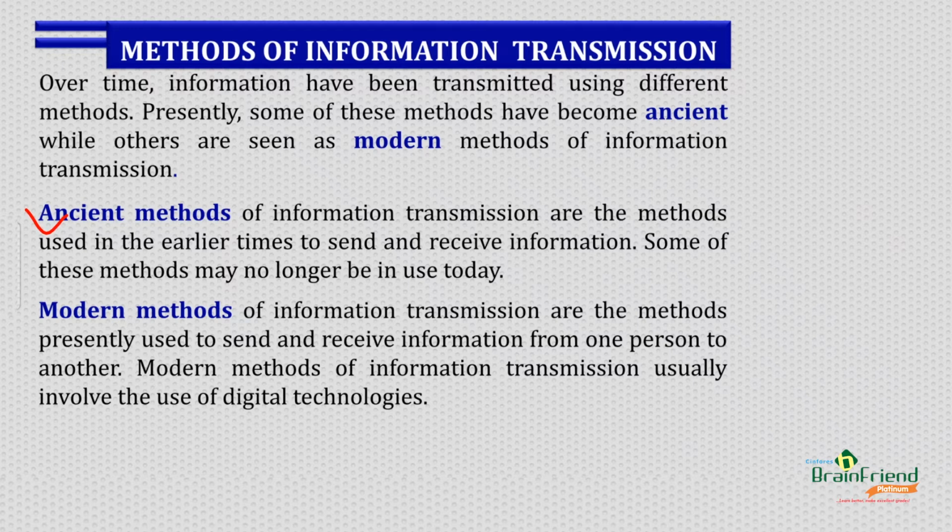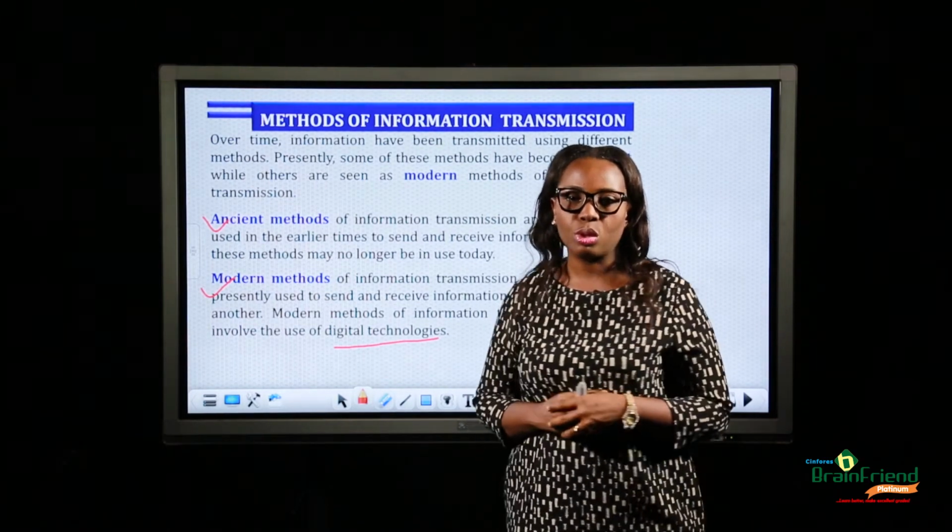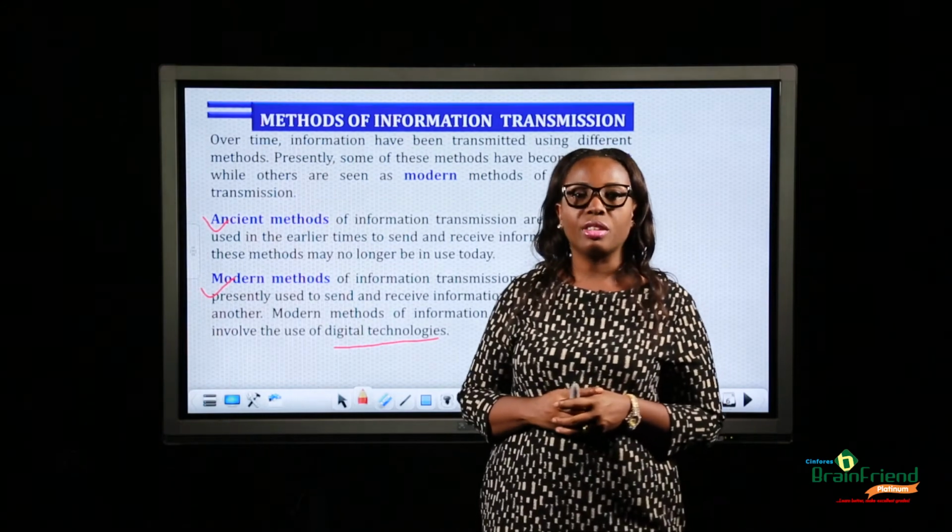Most of these methods are obsolete, meaning they are no longer in existence, while we still use some of them. Whereas the modern methods of information transmission are the ones we presently use, and they usually require the use of digital technologies. Now, let's proceed by looking at the different ancient methods of transmitting information.